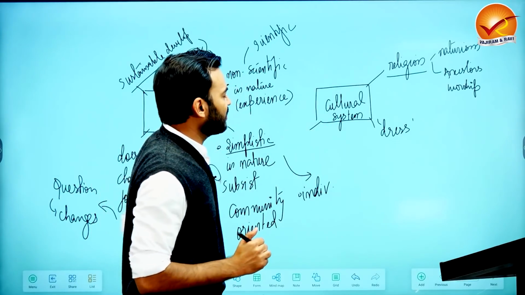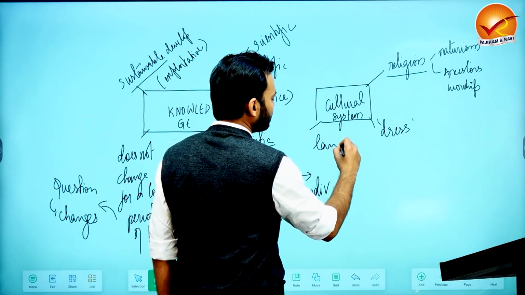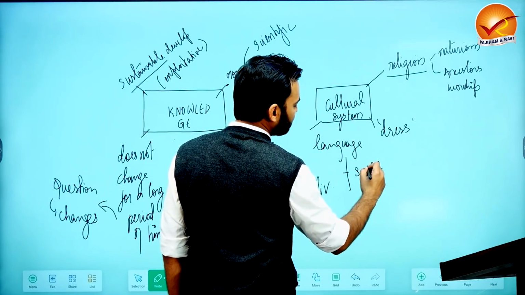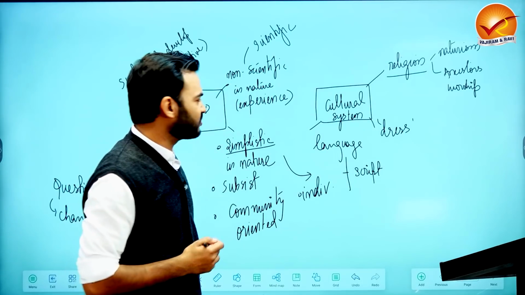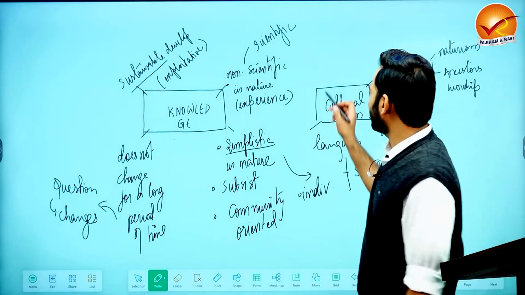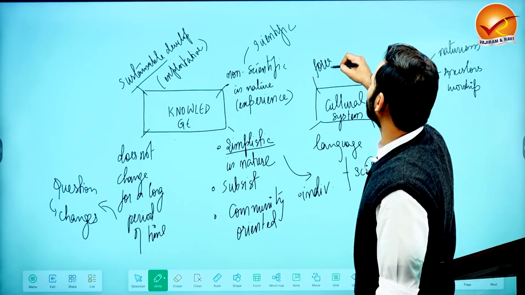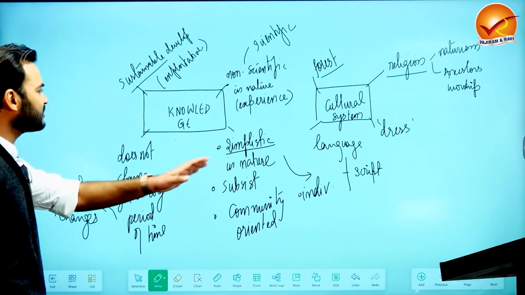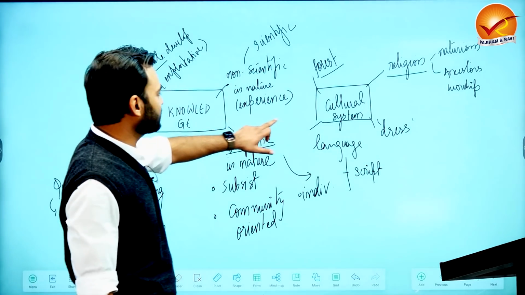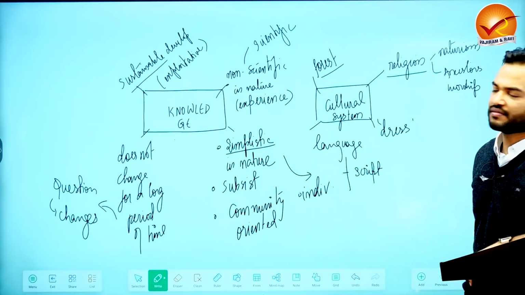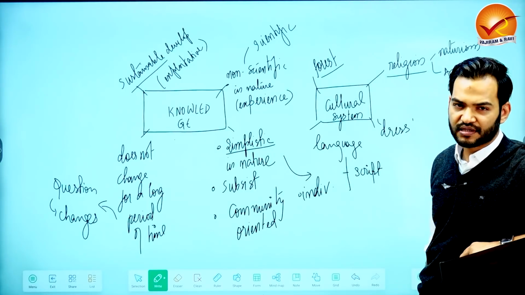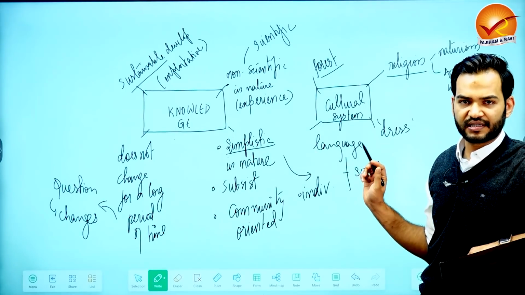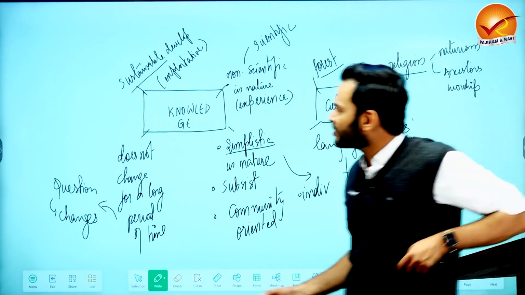Then they have a unique language, with a very different script. Sometimes they don't have a script also, so that is also very unique. And the cultural system is too much dependent upon forest. So these are two unique things: uniqueness with respect to knowledge system, uniqueness with respect to cultural system for tribes. So very simple question, 10 marker, 4 points in each area you have to write. Very simple to understand.